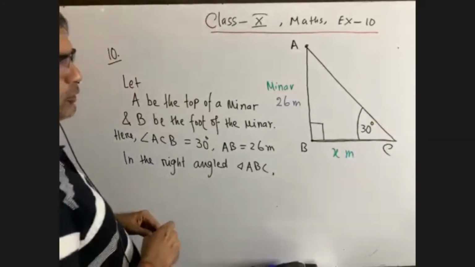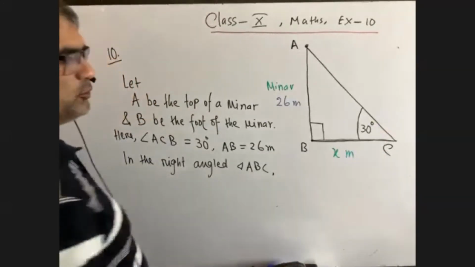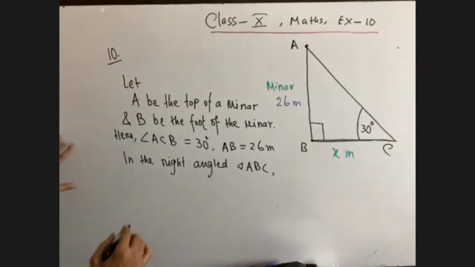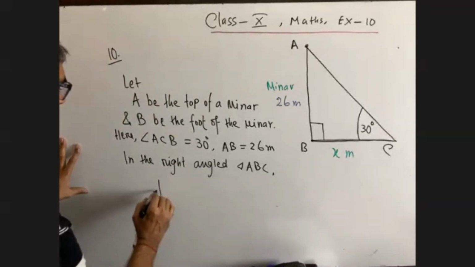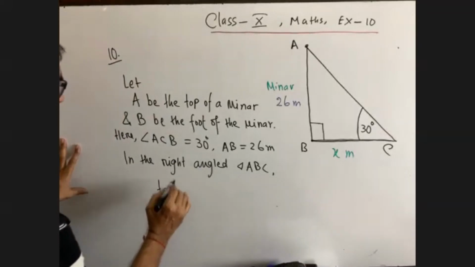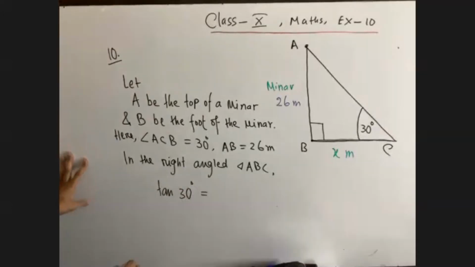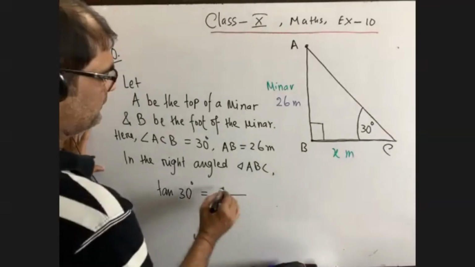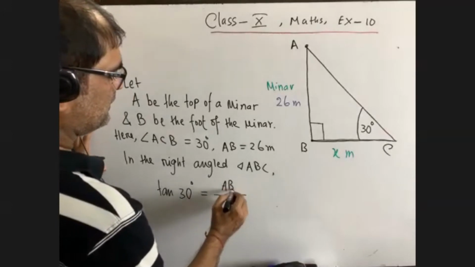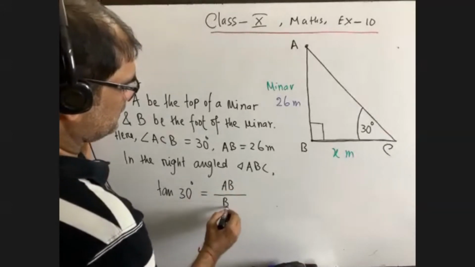Now, if we come to know the value of x, then we are done. So we can write down tan 30 degree is equal to perpendicular by base. Base is BC.